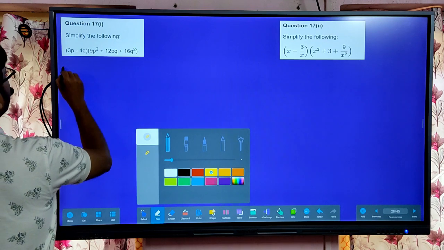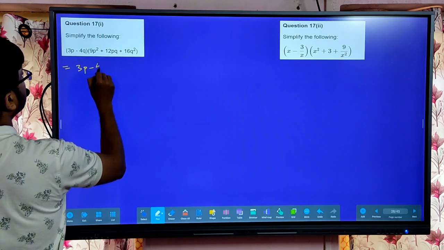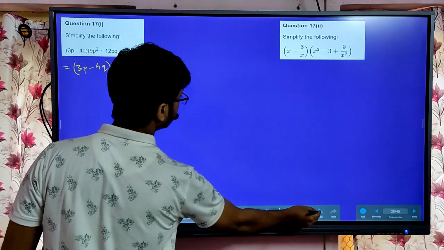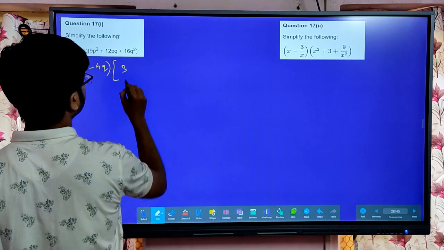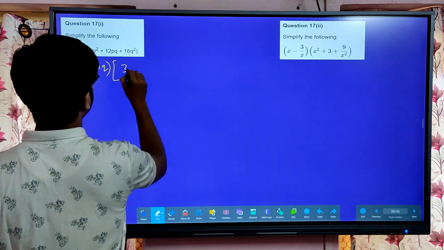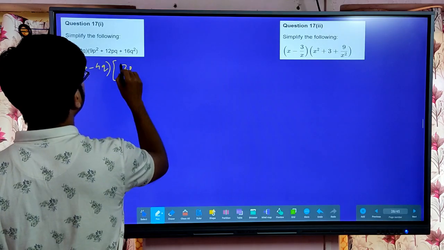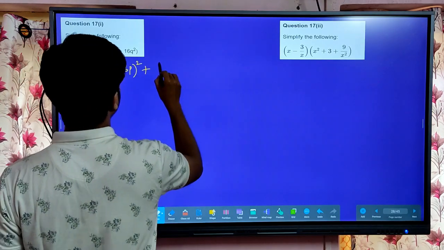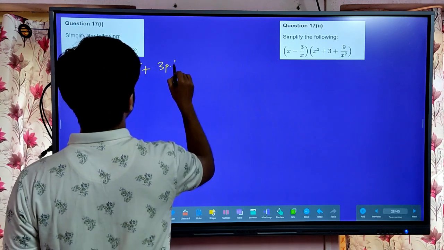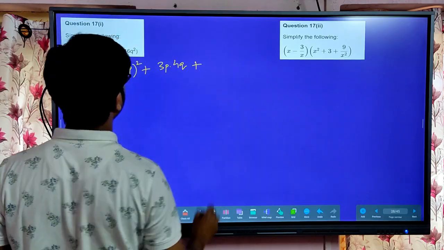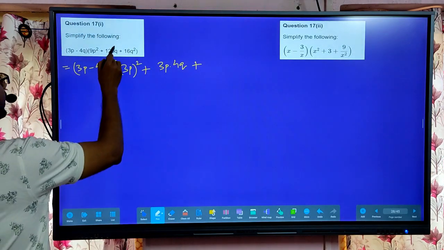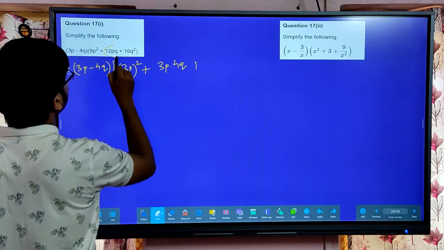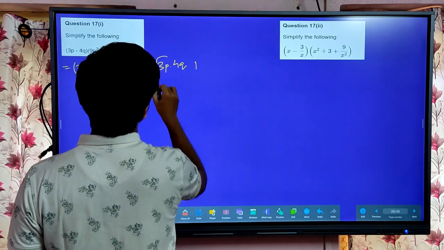You have to write 3p minus 4q multiplied by, you take third bracket over here, square plus 3p into 4q plus, you see 12pq can be written in this format, 12pq, isn't it? 12pq we can write as 3p into 4q.